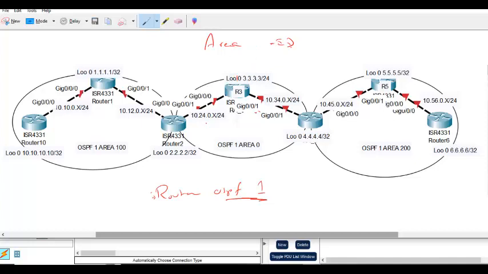For example, you see this interface. What is the network? 10.12. So I'll go under OSPF and say network 10.12.0.2 0.0.0.0. What does that mean? You know, it's called wildcard mask.